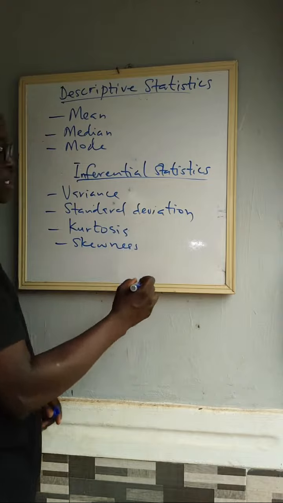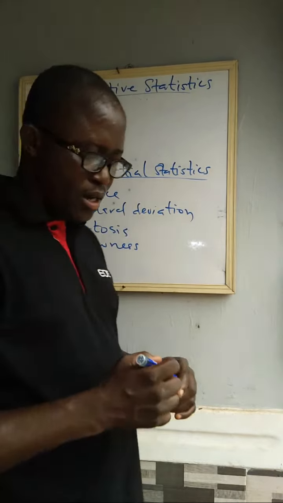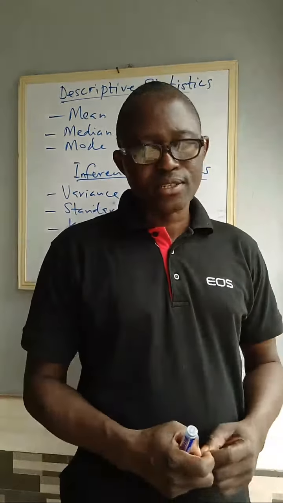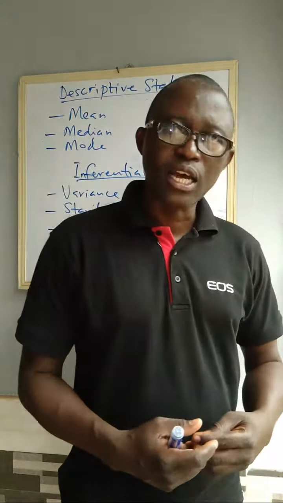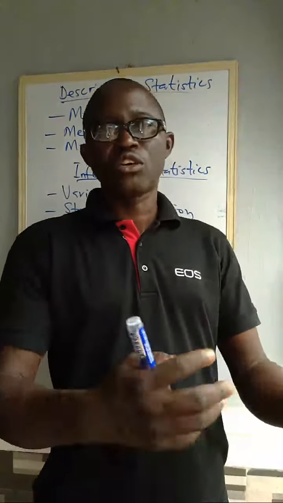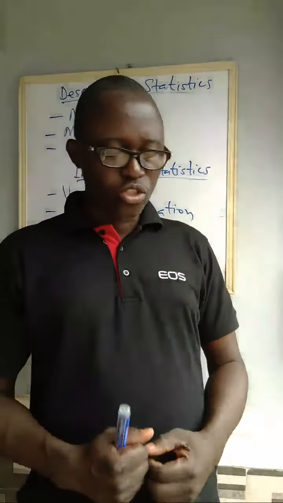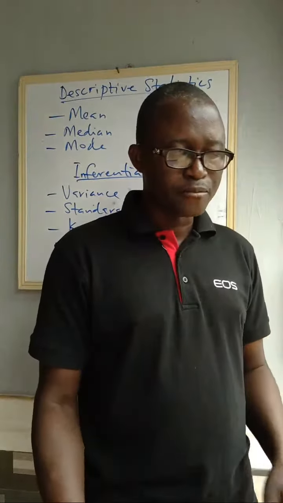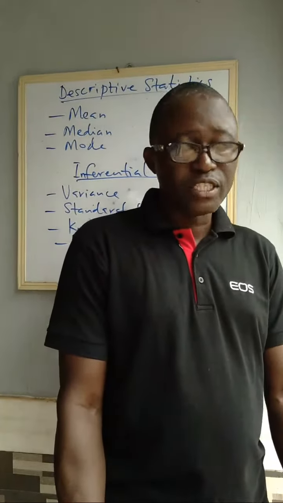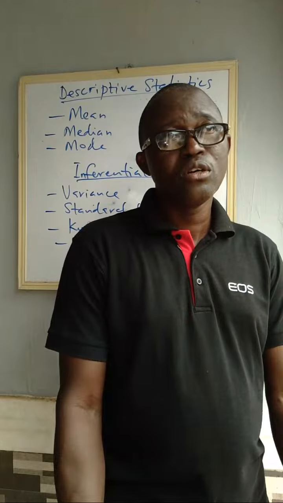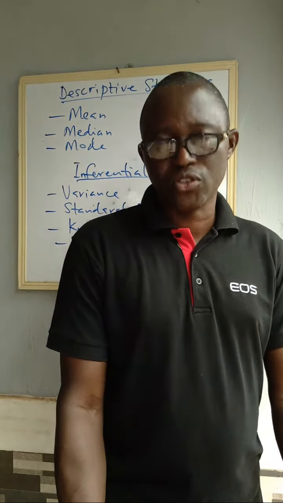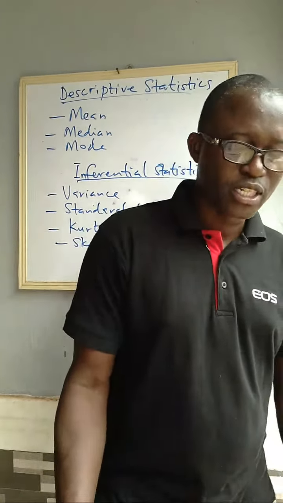These are basically aspects of inferential statistics that we can calculate to reach a conclusion, or to draw certain conclusions about a particular set of data. Now today we are going to look at some inferential statistics that we have available, and we are going to look at their building blocks.